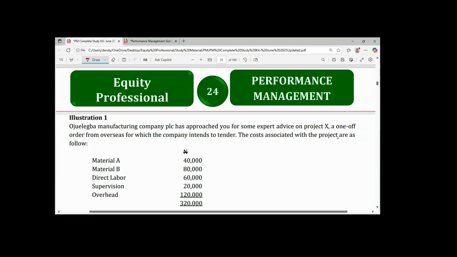And we said that there are three qualities or attributes of relevant cost. One is future, two is incremental, then three is cash flow.